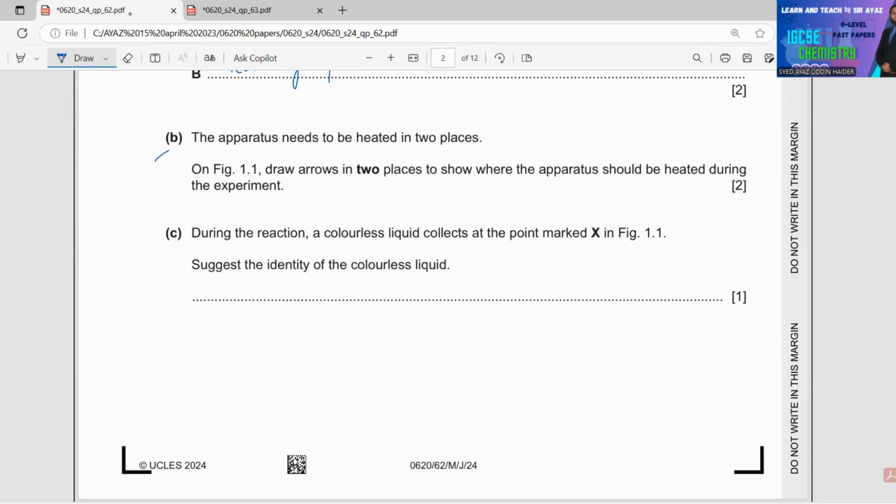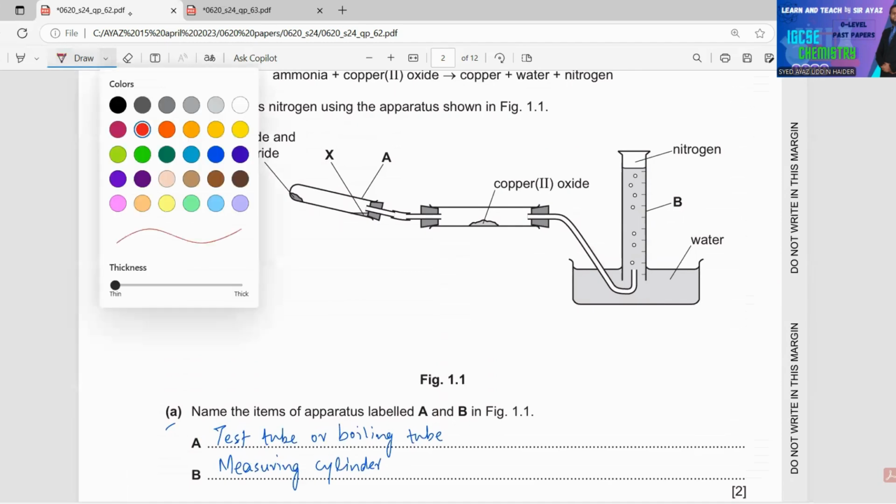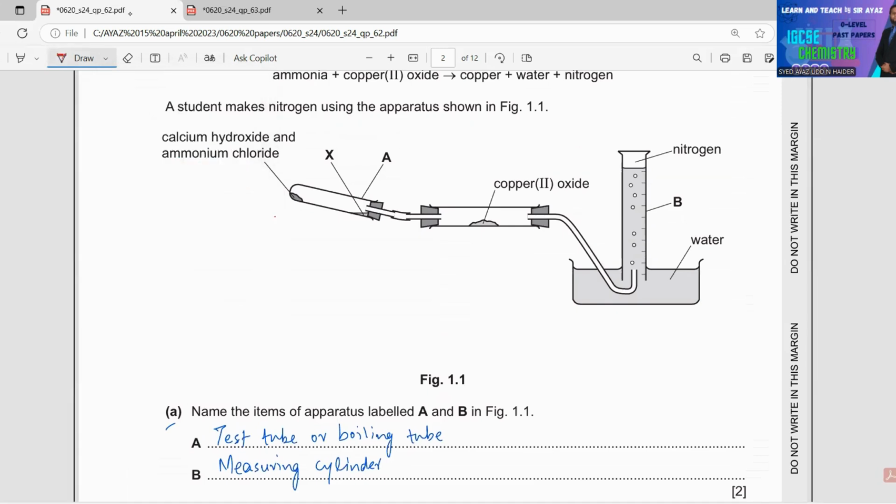Into next part, which is part B, the apparatus needs to be heated in two places. On figure 1.1, draw arrows in two places to show where the apparatus should be heated during the experiment. Now it should be heated at this point. That is a reaction between calcium hydroxide and ammonium chloride.